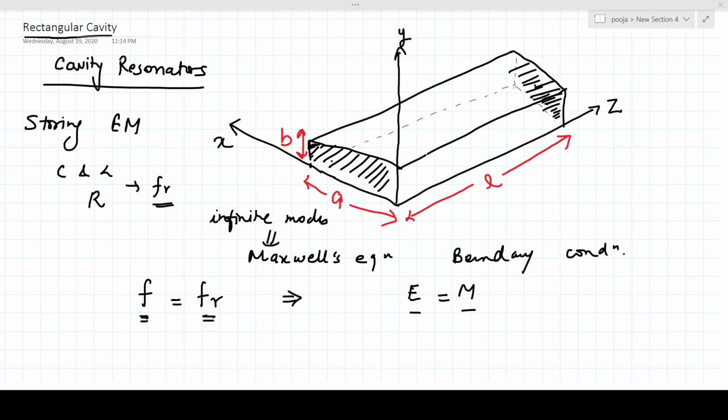Here in this figure we are seeing the rectangular cavity, where we have placed a metallic enclosure at Z equal to 0 and Z equal to L also.